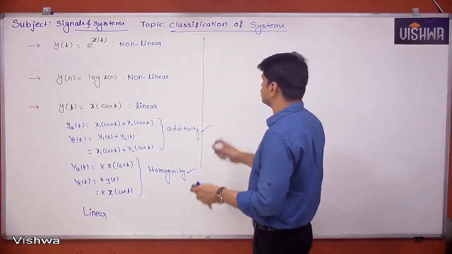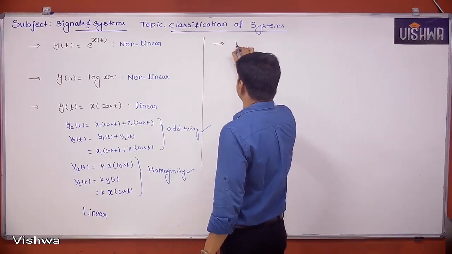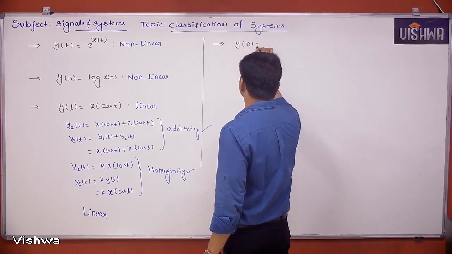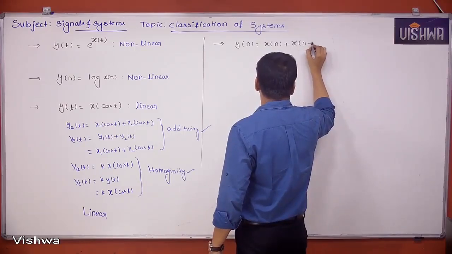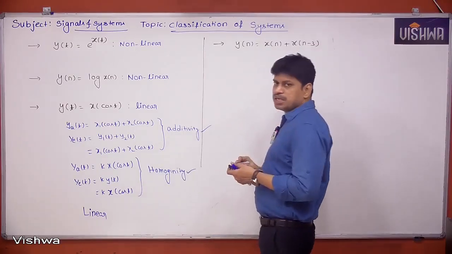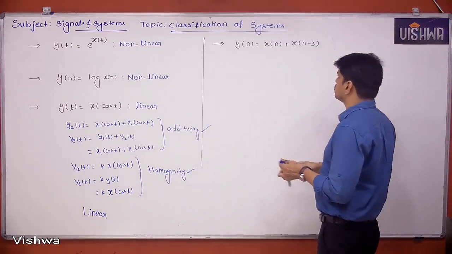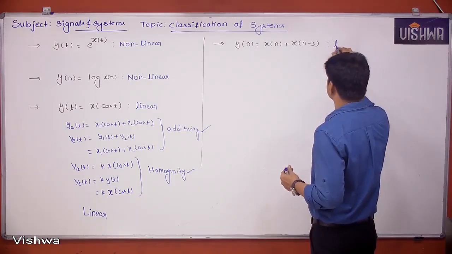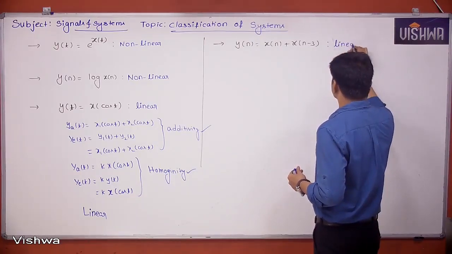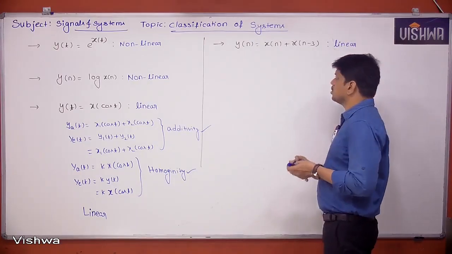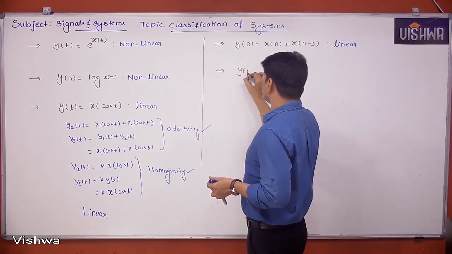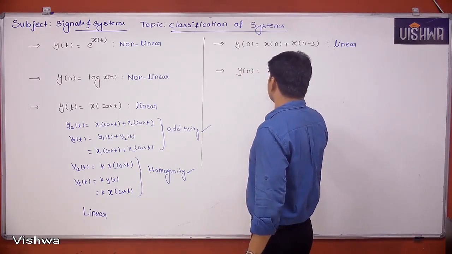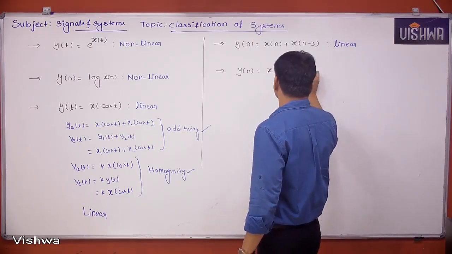Next, if I take y of n is equal to x of n plus x of n minus 3, still it is going to be a linear system. You can do it. It's not a big deal.